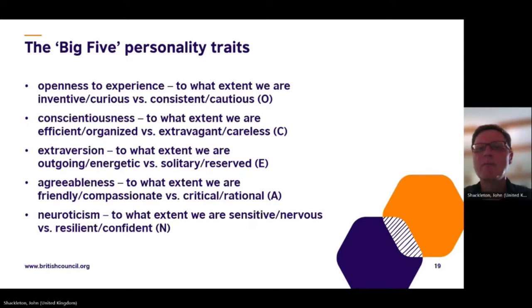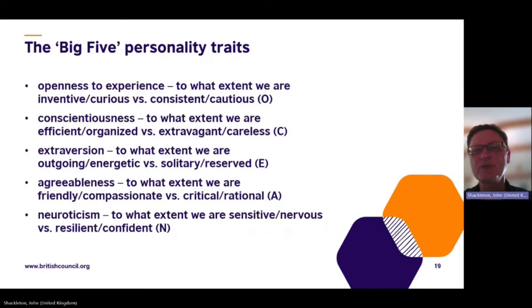A very handy way to remember the big five: if you put them in that order, the initial letters together spell OCEAN. So O is for openness, C is for conscientiousness, E is for extroversion, A is for agreeableness, and N, I don't really like this too much, but there you go, is for neuroticism.